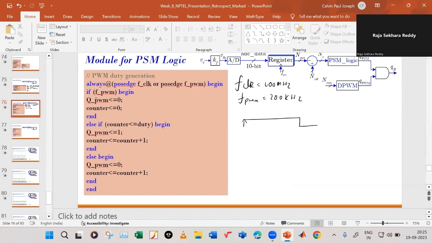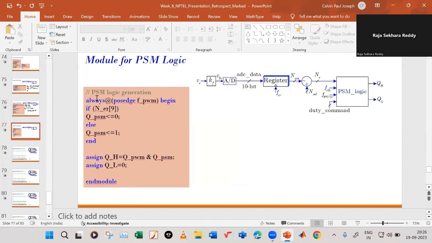Then I will start incrementing my counter. If my counter is less than my duty, then my QPWM is 1, and my counter keeps incrementing. Else my QPWM becomes 0 and my counter still keeps incrementing. So this is a simple logic for generating a fixed duty ratio PWM signal.